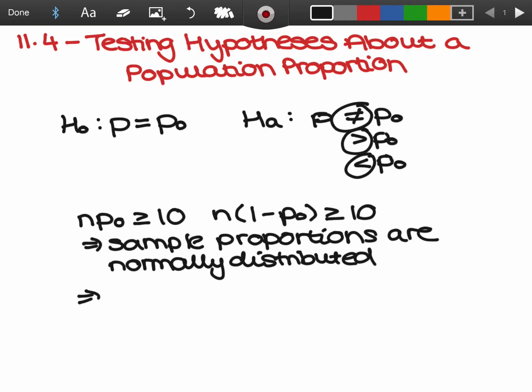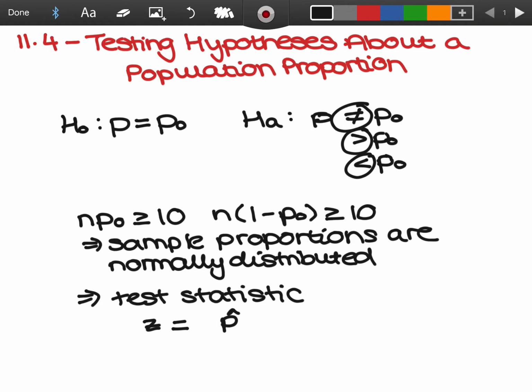Which means that you can now take a test statistic, which is the Z transformation of sample proportions. So the Z transformation, or that test statistic, is Z equal to p hat, your sample proportion. When they do this hypothesis test, they will say, well, I think that my population proportion is this, but I have taken a sample and my sample proportion was instead this.